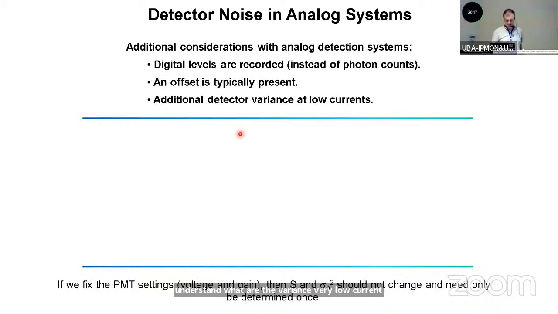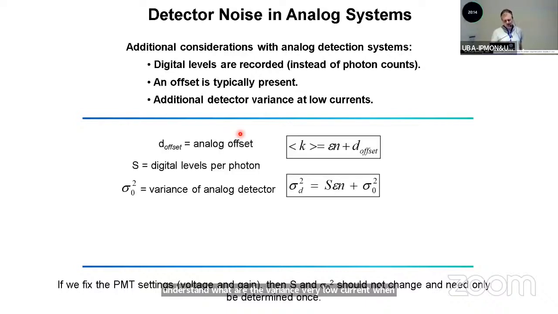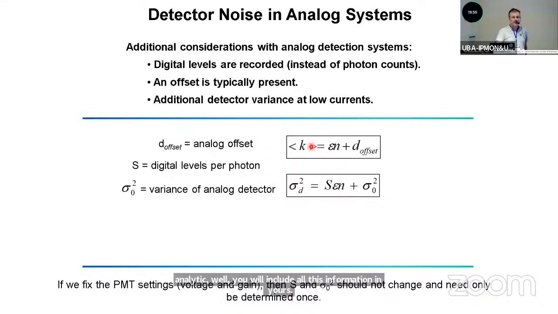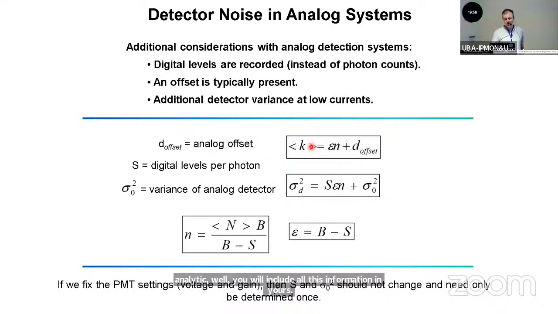You have electronics noise, things like that. Okay, if you can calculate this offset, the digital levels parameter, and the variance of your analog detector, you will include all this information in your software, SimFCS, and then it will give you the right number and the right brightness of your sample in any way.